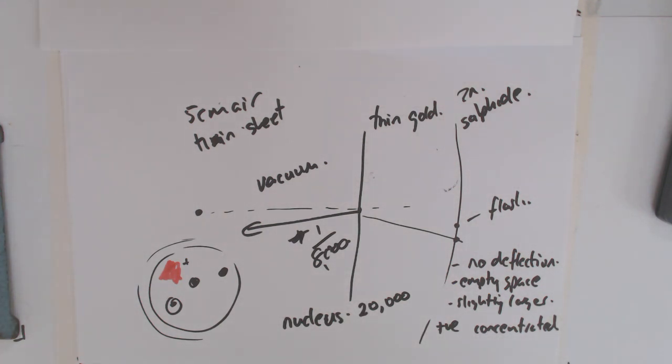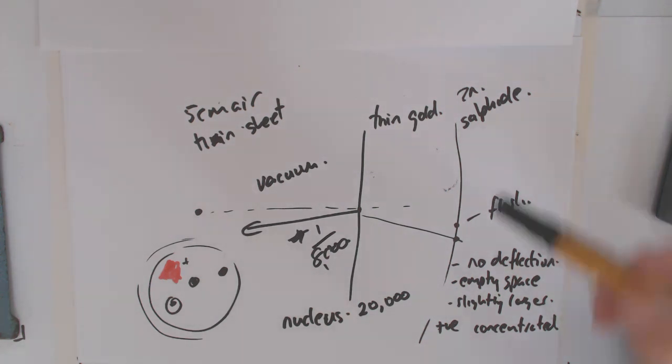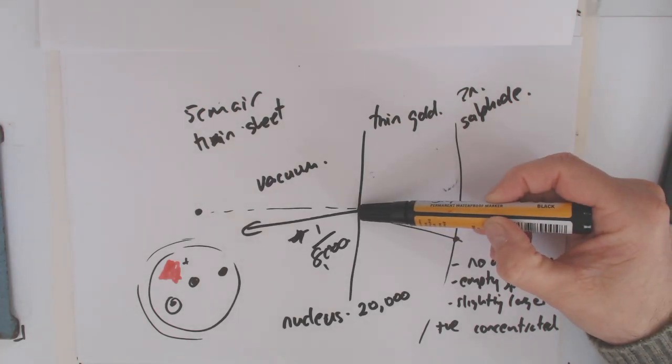Rutherford was able to deduce that from the fact that to get an alpha particle traveling at 5% the speed of light to recoil, we needed to put all the positive charge of the nucleus of the gold in that smaller space. So the recoil told him how big the nucleus was.